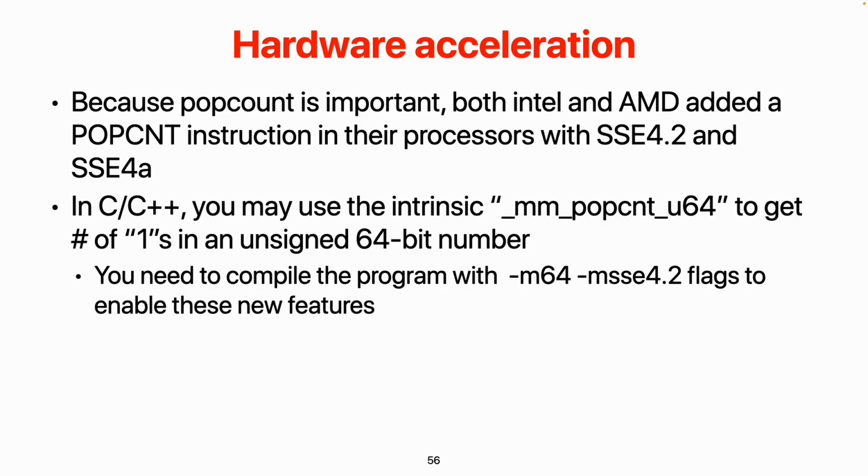Through the software optimization, we already made the pop count go down from the most naive implementation, 22 seconds, to 3.7 seconds. But now I'm telling you, if you are a computer architect, you are familiar with the Intel architecture or AMD architecture, and this instruction, because pop count is so important, not only Intel and AMD have it, NVIDIA GPU also has it, and ARM processors also have it, but in different names and formats.